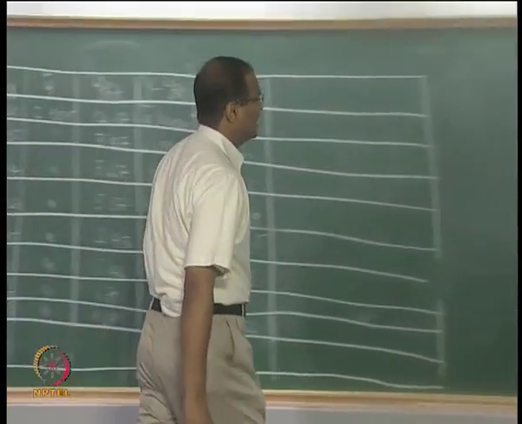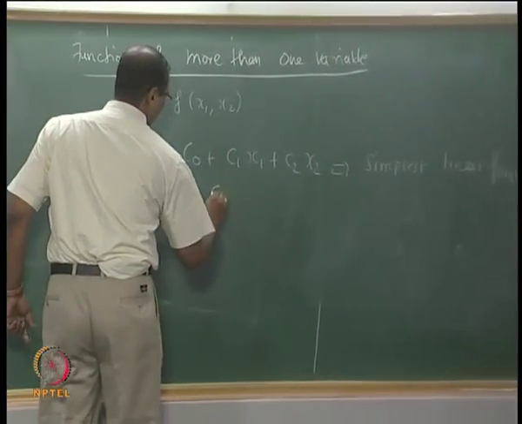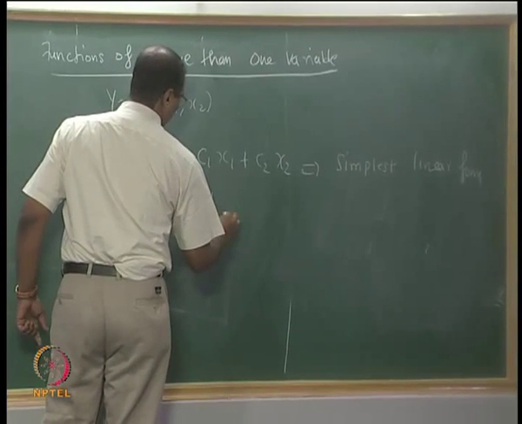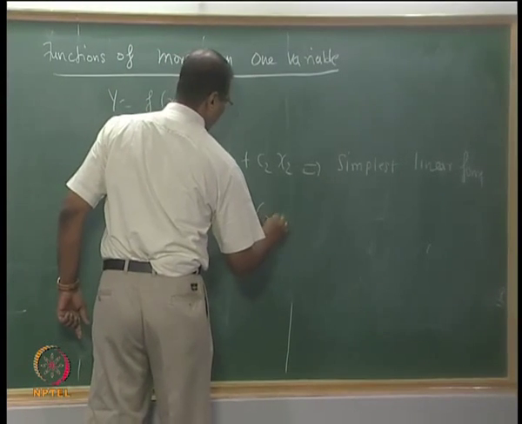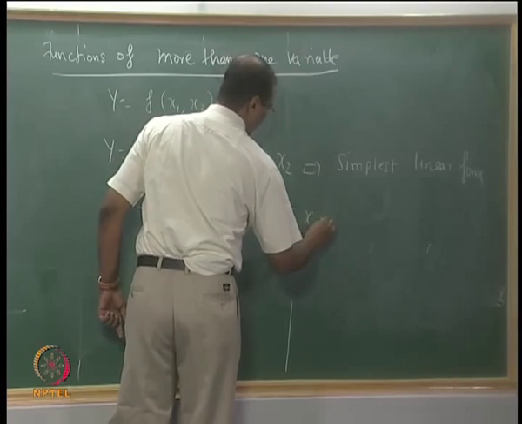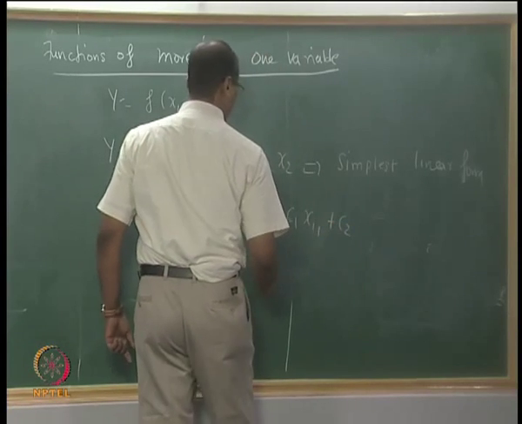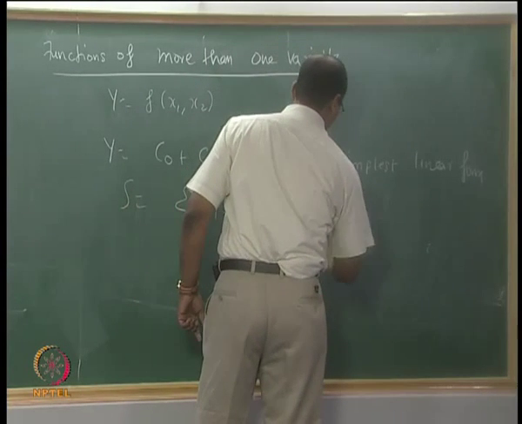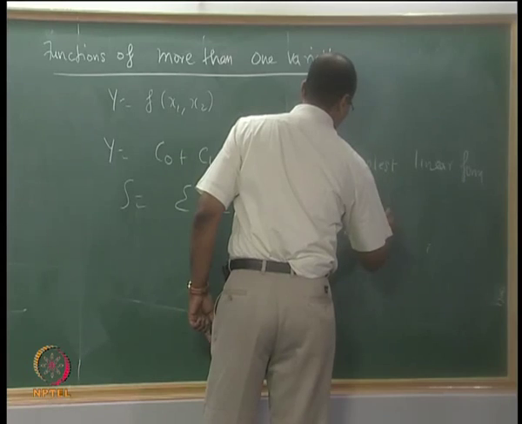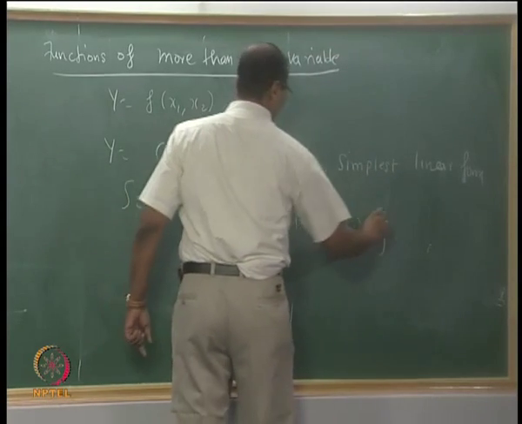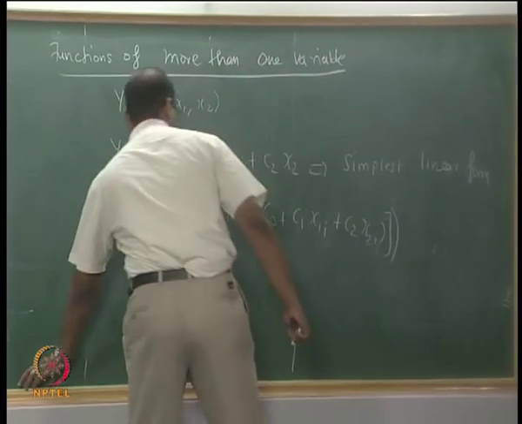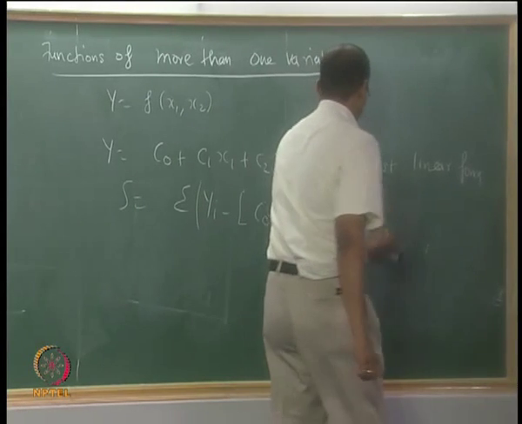I can now propose a sum of squares. Are there too many brackets?